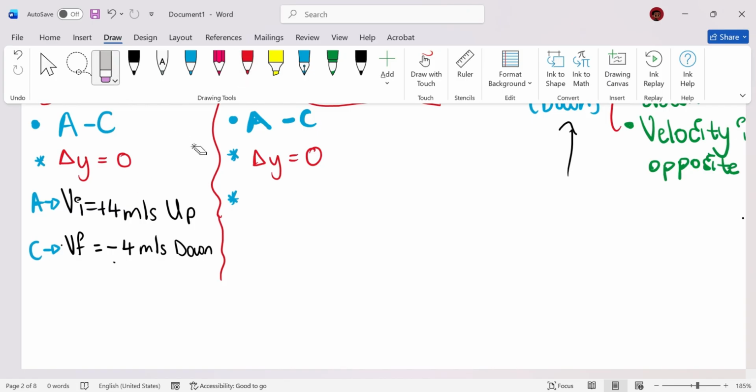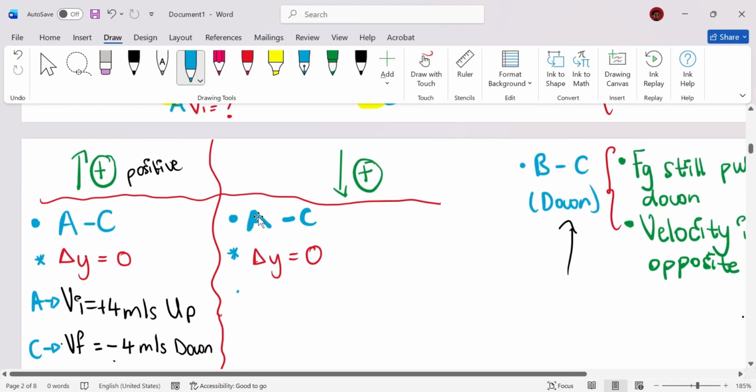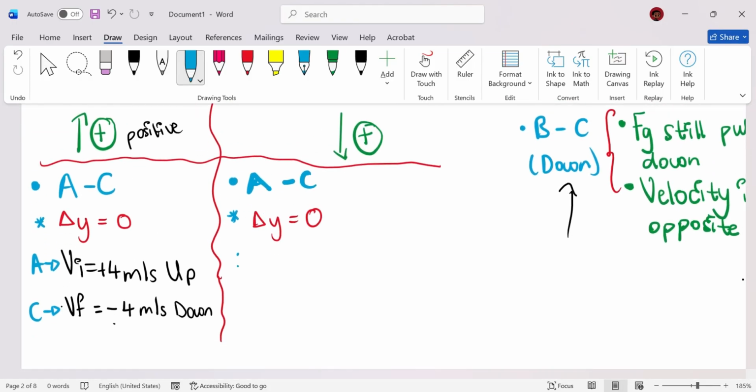Once again, if I go to the downwards is positive part, now check something. I need you to look at this. When I say downwards is positive, think about it. At point A, the ball was going up. If I choose down as positive and the ball was going up, that means I then need to say the initial velocity at A must be a negative 4 meters per second, and it's going up.